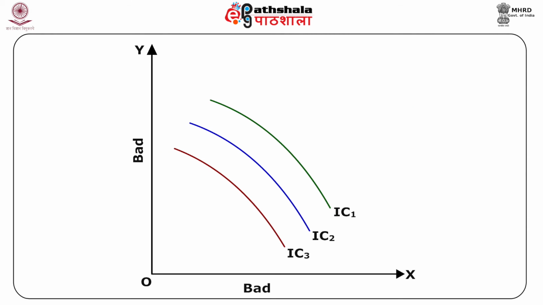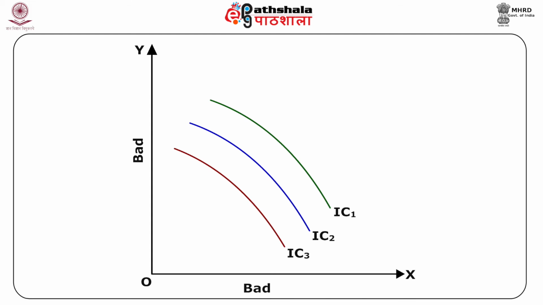When commodity X and Y both are bads, the indifference curve will be downward sloping and concave to the origin as shown in figure 14. If the consumption of one bad is increased, the consumption of the other bad must fall, so that the fall in satisfaction level due to increase in consumption of one bad can be compensated by the increase in satisfaction level due to decrease in consumption of the other bad.